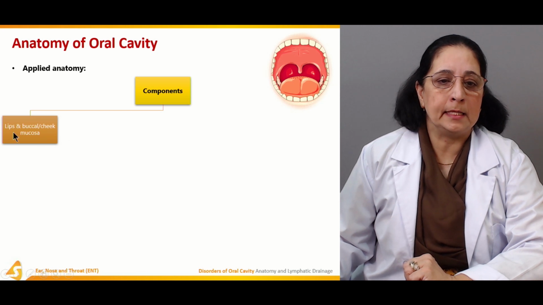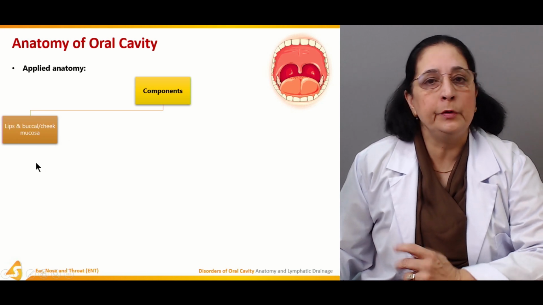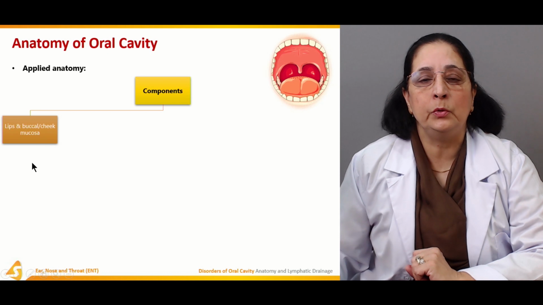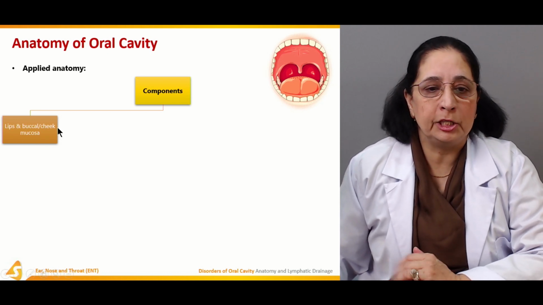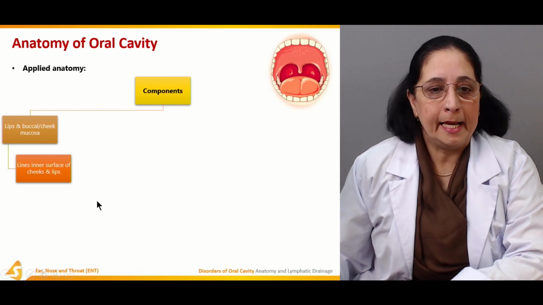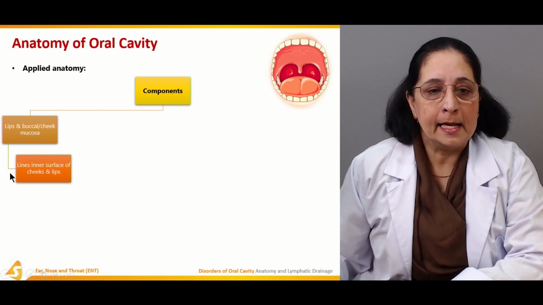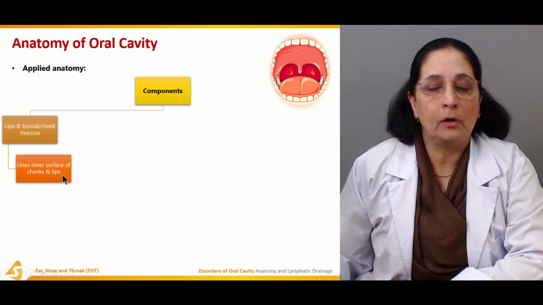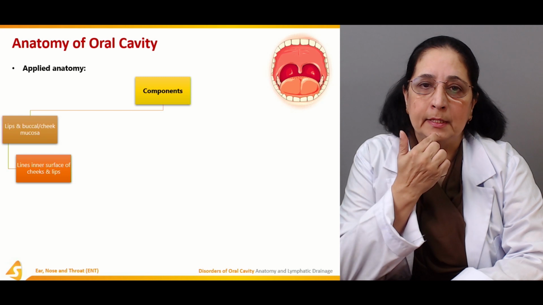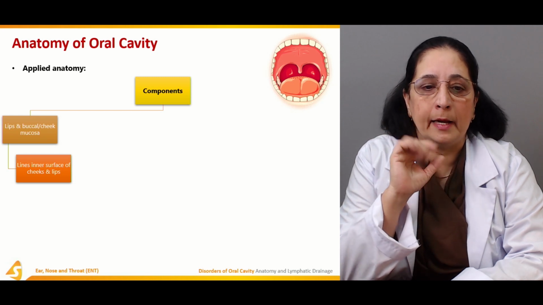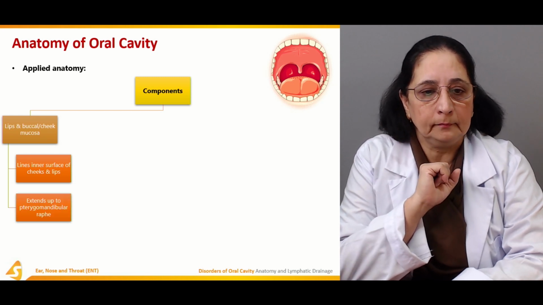We have lips and buccal cheek mucosa. Cheeks are also known as the buccal. So lips and buccal and cheek mucosa. And this mucosa lines the inner surface of the cheeks and lips. So the inner surface of the lips and the cheeks is lined by the mucosa.